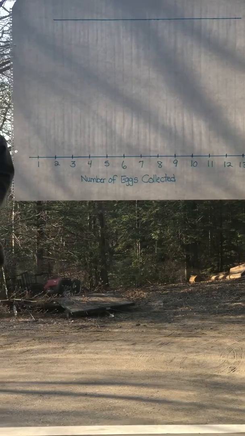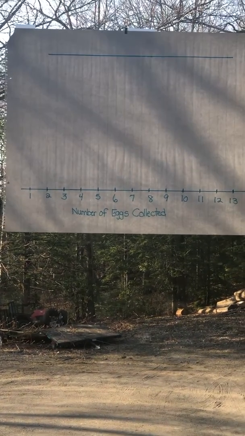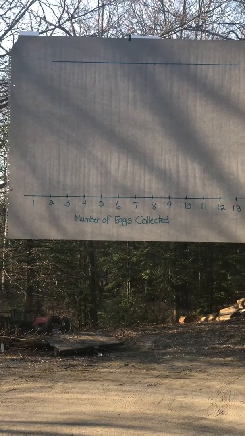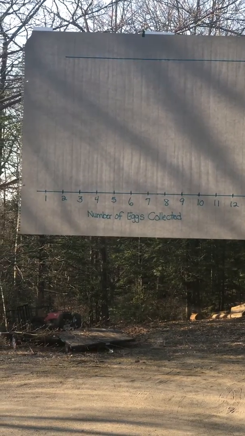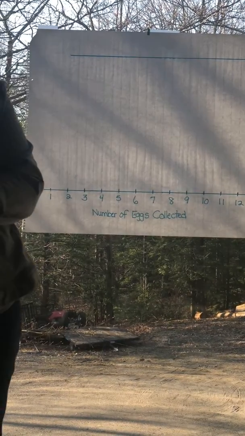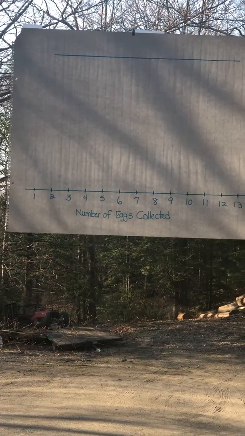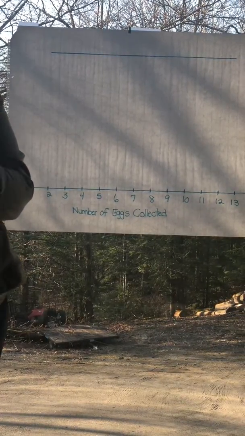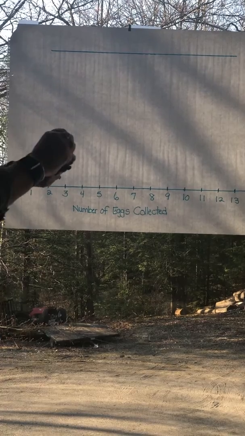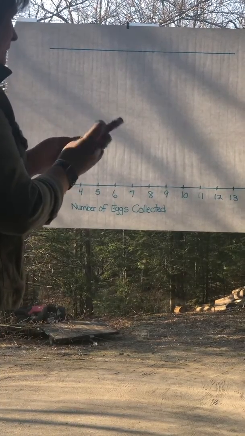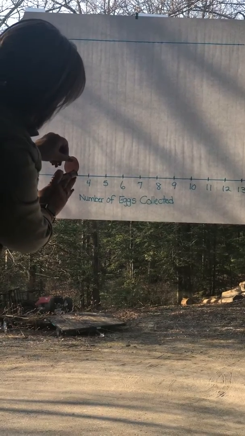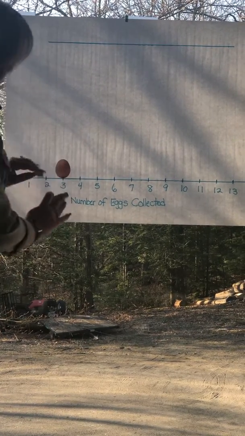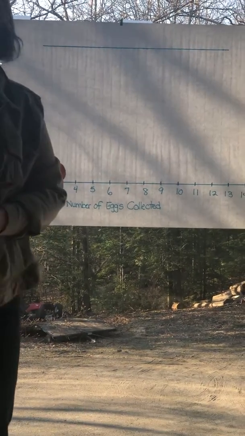So you can put X's, or you can put O's, or in this case, because we were collecting eggs, I thought it would be cute if we actually used eggs. And so, on day 3, we collected 2 eggs, and I'm going to put that right on the line. And there's my first egg.